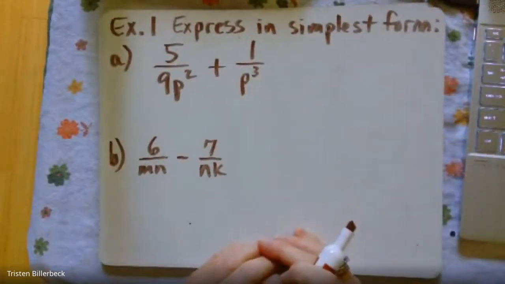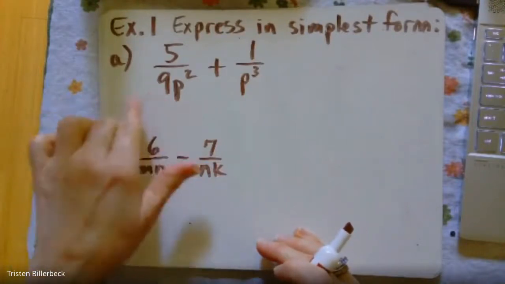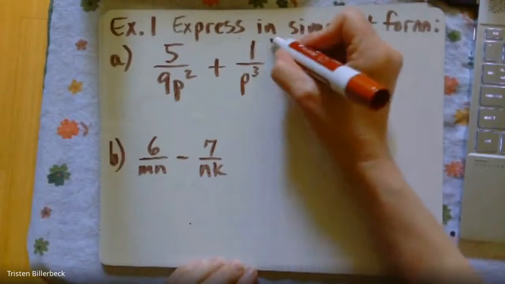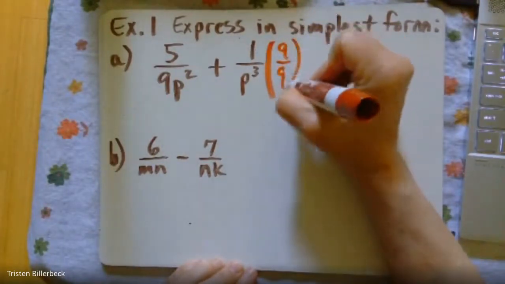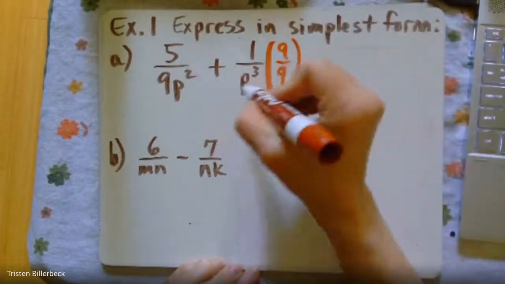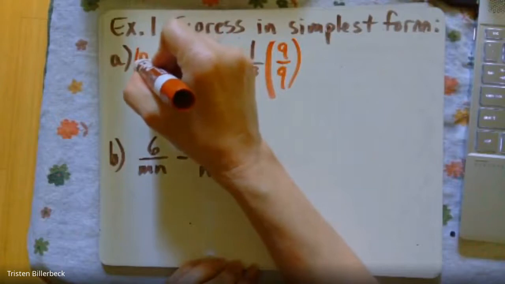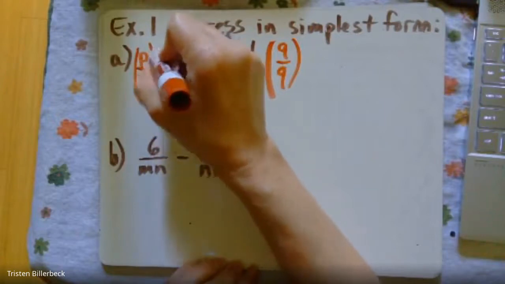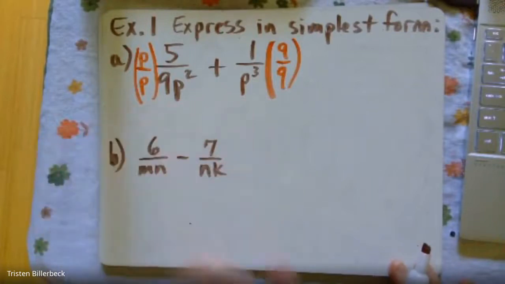All right, express in simplest form. So we want to get a common denominator. We see that this one's missing a 9, so we want to multiply by 9 over 9. This particular one is missing a p, so we're going to put p over p because it needs p cubed, so it needs just one more of those.